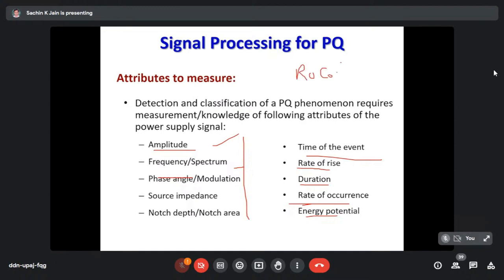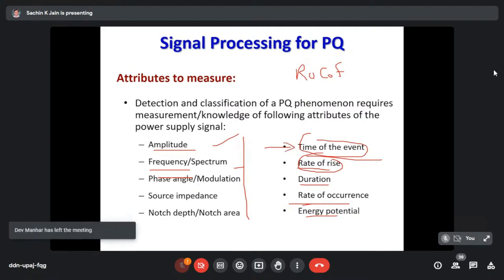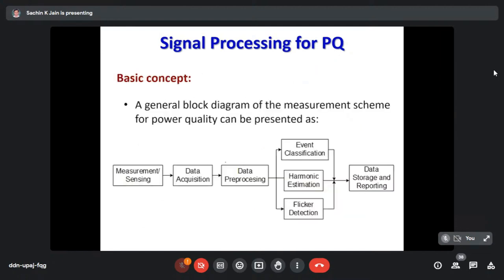It is a very important concept. So it is frequency and its rate of change, and time of event. All these things are there in the phasor measurement unit because it records time, rate of change of frequency, and frequency also. These are different measures that we need in power quality also.